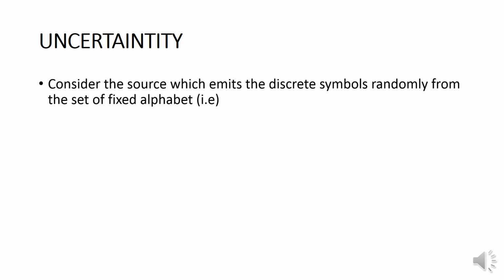Next, what is meant by uncertainty? We consider the source that emits discrete symbols randomly from a fixed alphabet, that is X equal to x0, x1, x2 and so on up to xk minus 1.